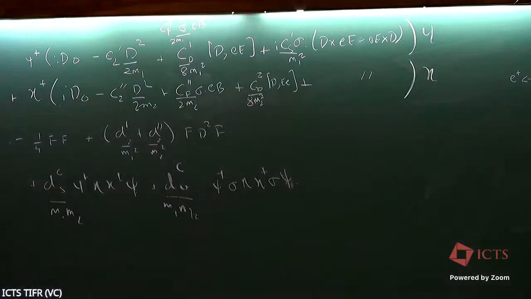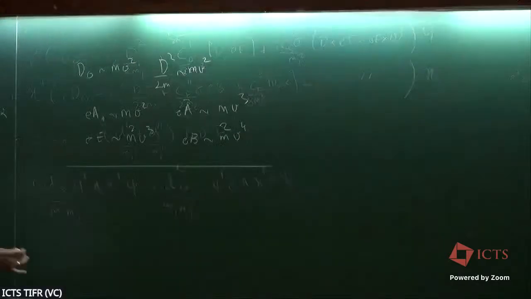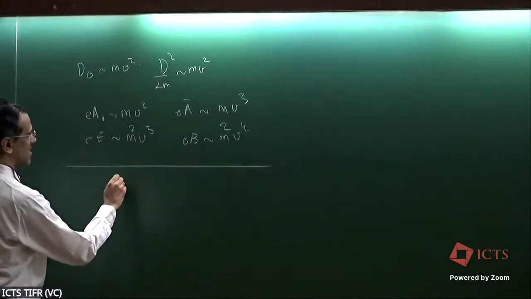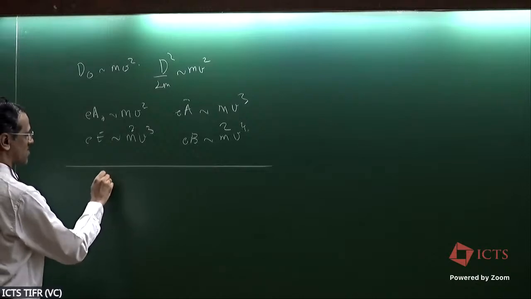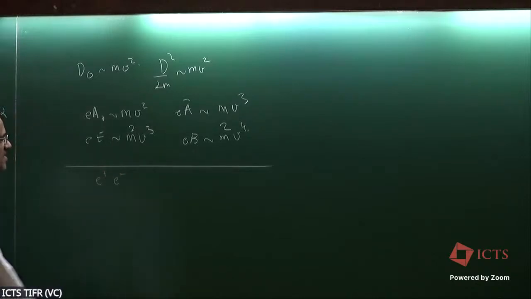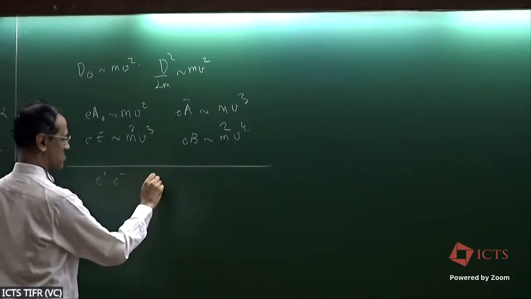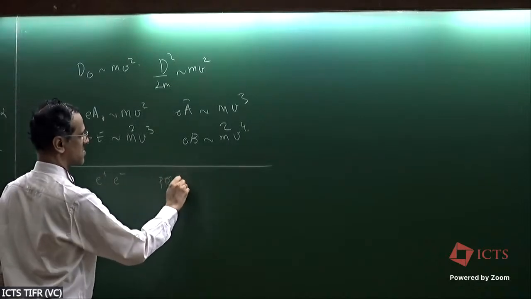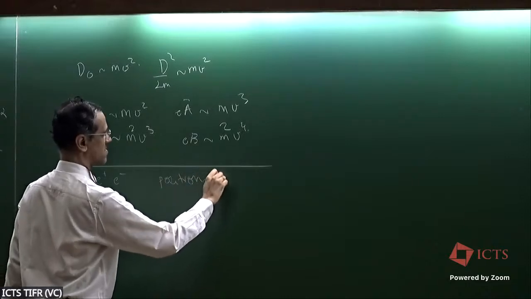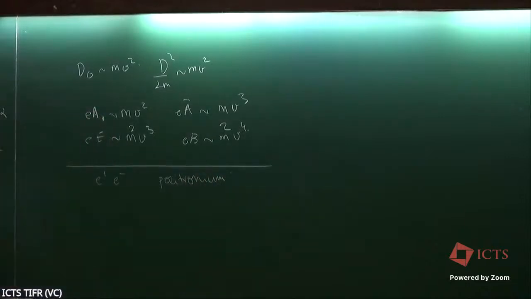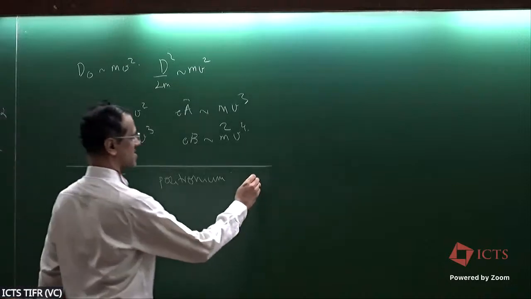Now let's try to be a bit more concrete. Let's talk about the e+ e- system, this positronium, and we can look at what the ground state of this is.